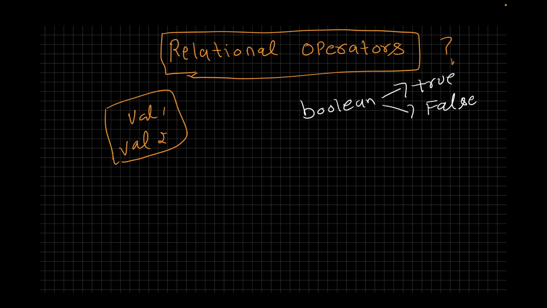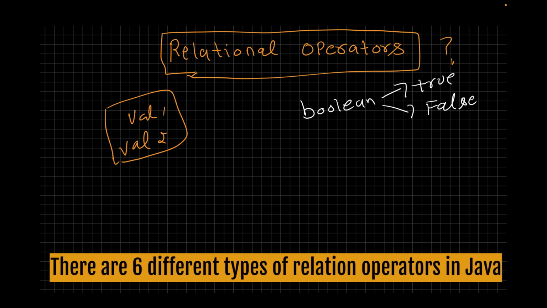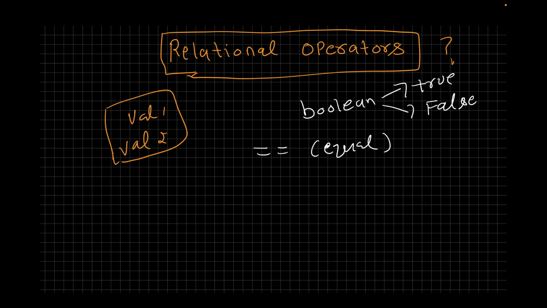All right. Now in Java, there are a total of six operators which fall into the relational operators category. Number one is equals. You have to pay attention that in Java, equal is double equal, not a single equal.